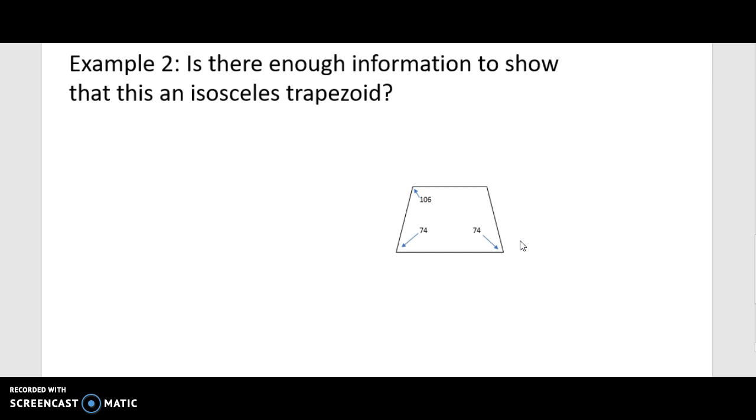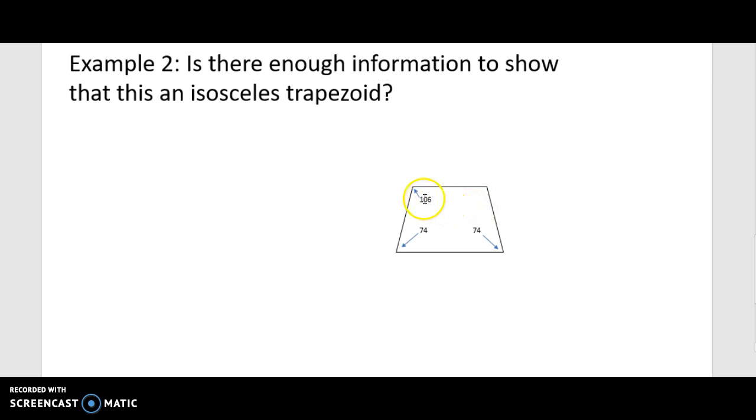Now, when I take a look at this trapezoid, I can see that these two angles right here are supplementary. 106 and 74, that means these are supplementary. They add up to 180. That means that these two angles over here are also supplementary. They're going to add up to 180.